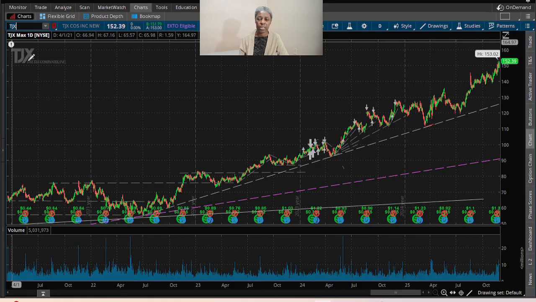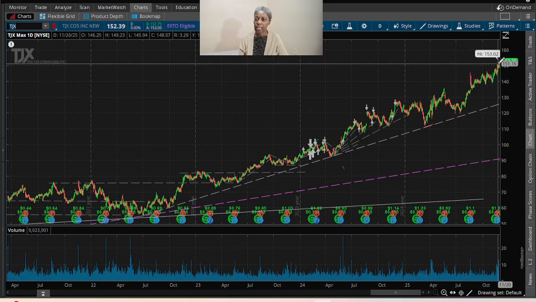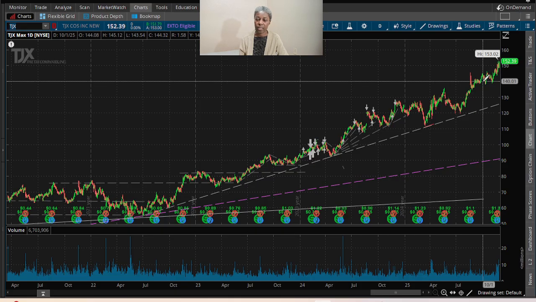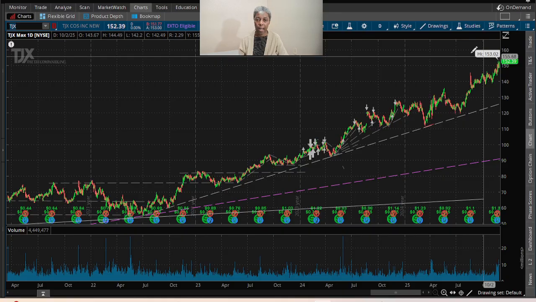And when you look at TJX, today is November 26, 2025, and yesterday the price went up. So we have a green highlighted price there. That means the price yesterday was higher at the end of the day than it was in the morning. The price went up, and it's illustrated by a green candlestick on our chart.